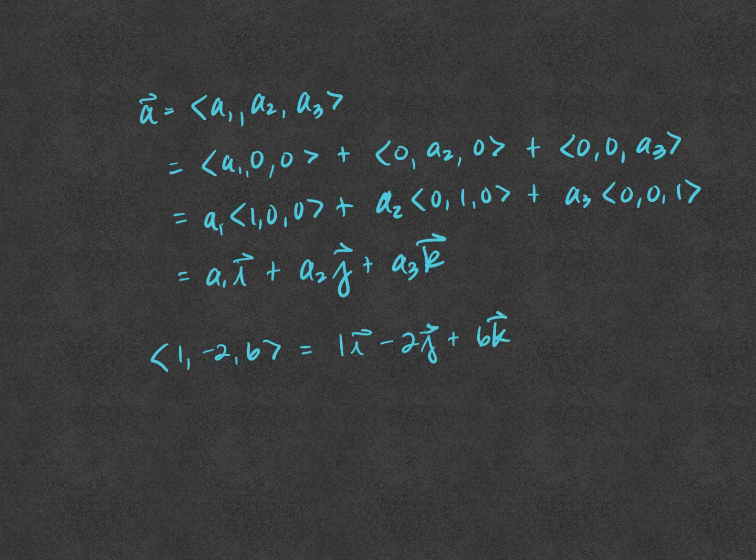You could leave the 1 off and just call it i minus 2j plus k. We will, because we're higher level math and we don't tend to write the understood one. It comes in handy to be able to use that notation in cases. So everything we did with vectors before, we can do again and use the ijk notation.